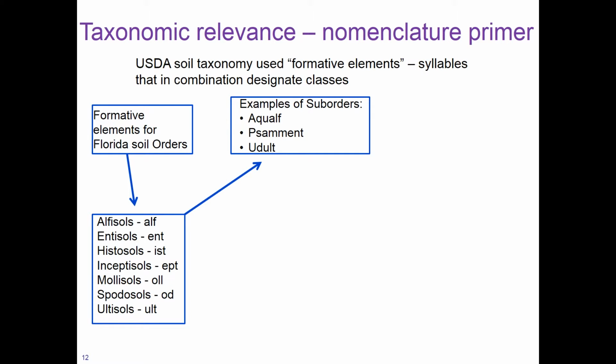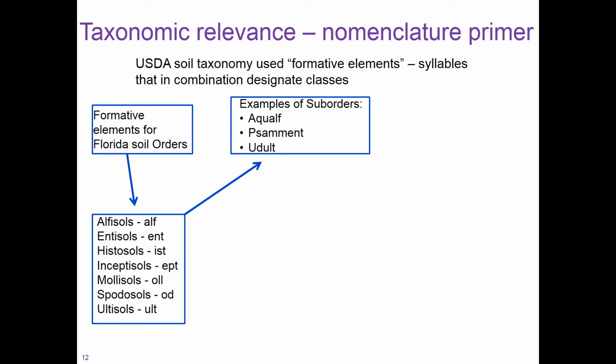These formative elements are put together in categories within the system, so when we go from order to suborder, we combine the order classification, for example ALF, with a suborder formative element, like in the top case AQUALF, AQU, aqua. So an AQUALF is a soil that would generally be poorly drained, relatively wet, the aqua being the formative element that conveys that.